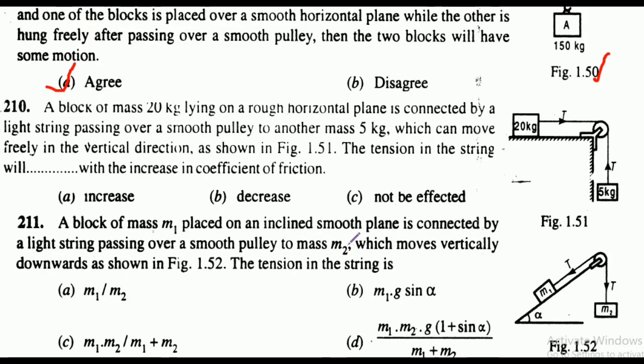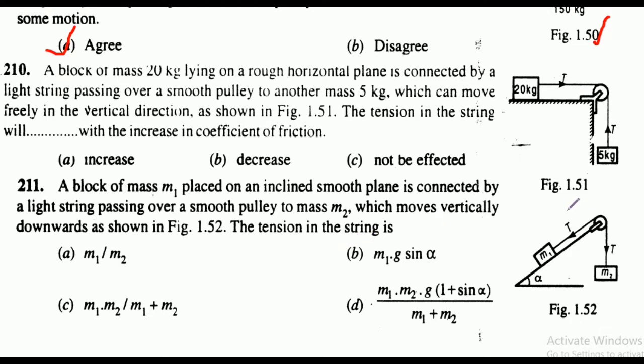Next question is for this figure, question 210. A block of mass 20 kg lying on a rough horizontal plane is connected by a light string passing over a smooth pulley to another mass of 5 kg which can move freely in the vertical direction as shown in figure.